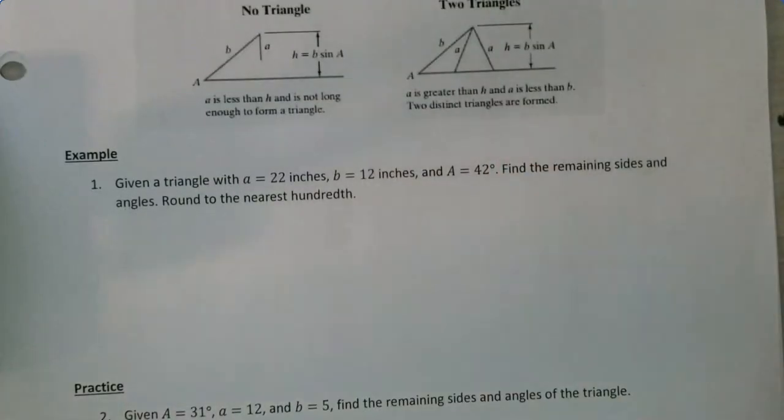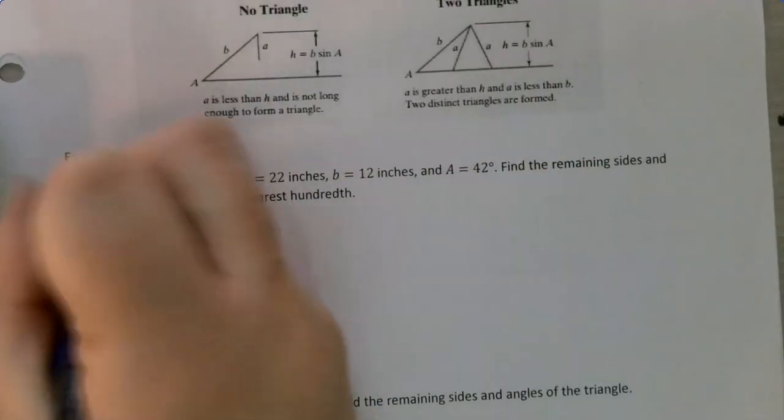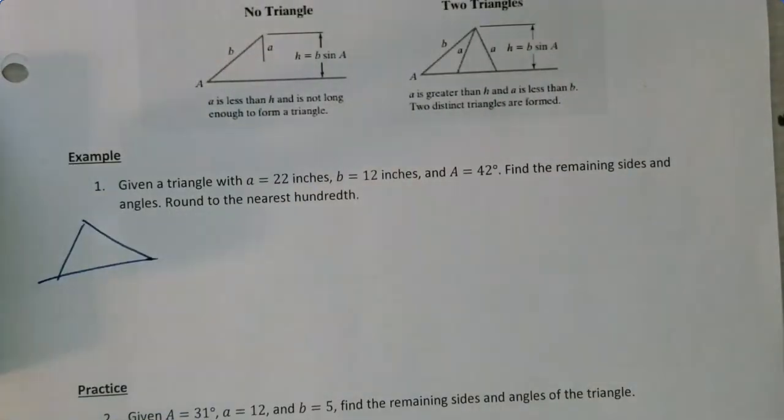So number one says, given a triangle with a of 22 inches, b of 12 inches, and A of 42 degrees, find the remaining sides and angles, and then round to the nearest hundredth.